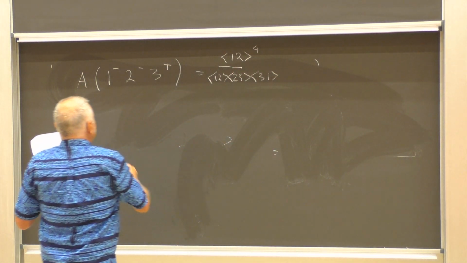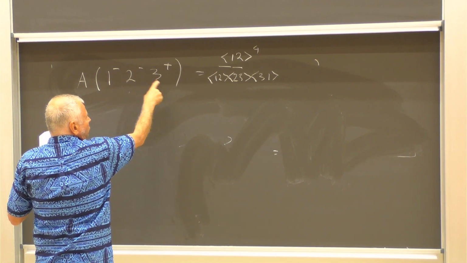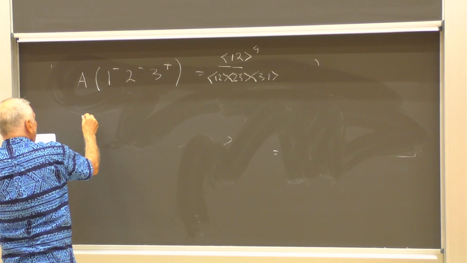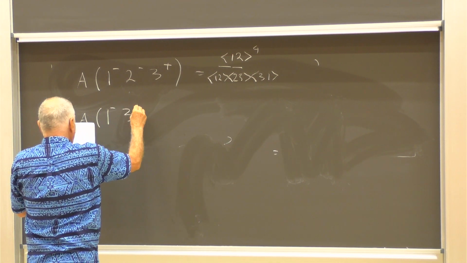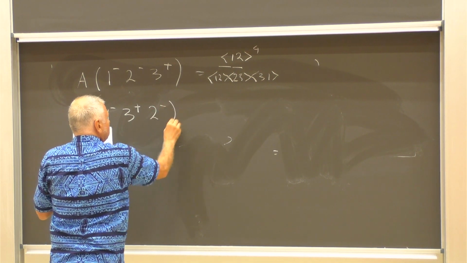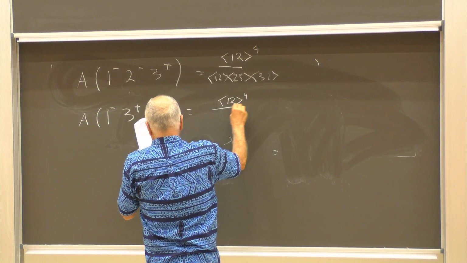There will be two, because I will have two permutations of these two, and another partial amplitude with 1, 3, 2, which is this one.